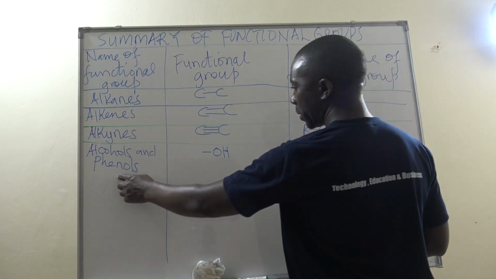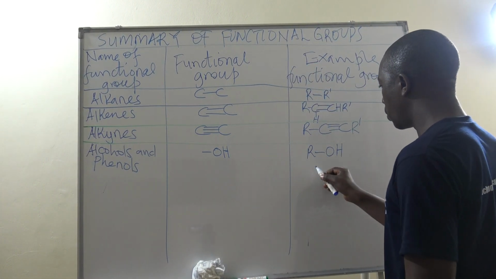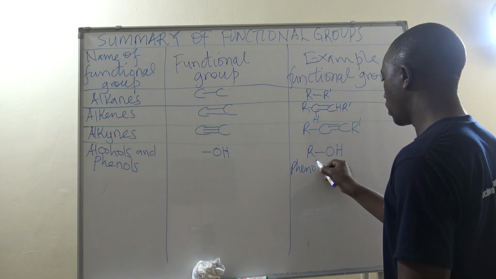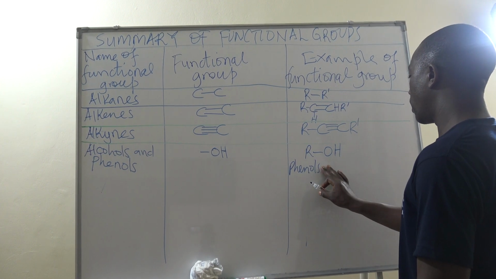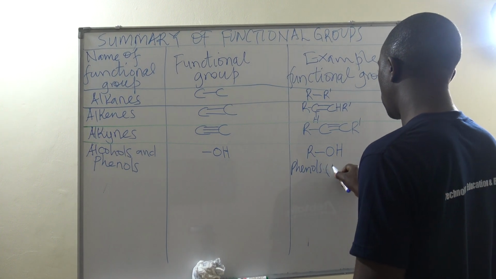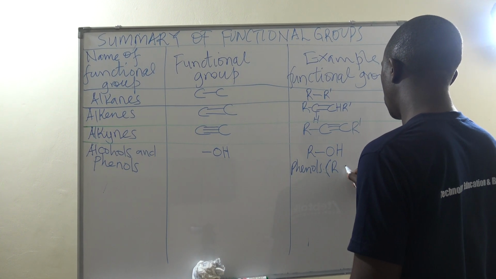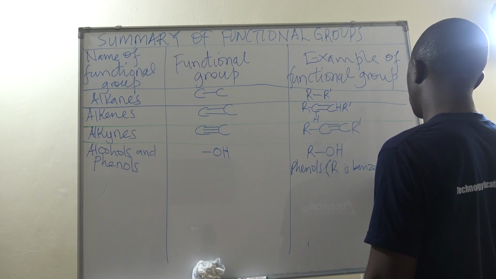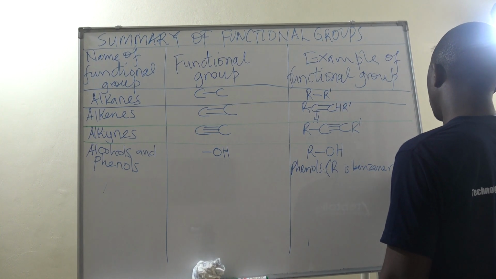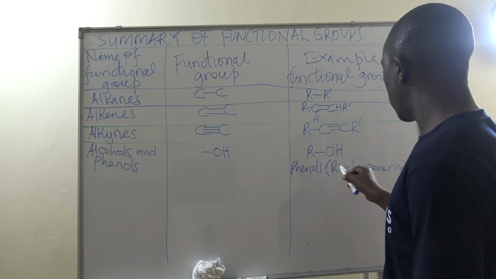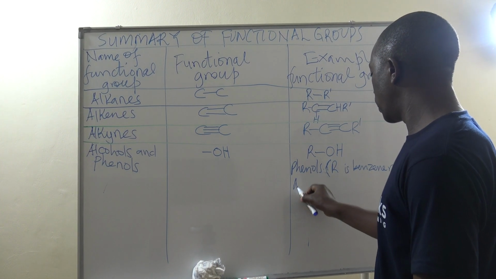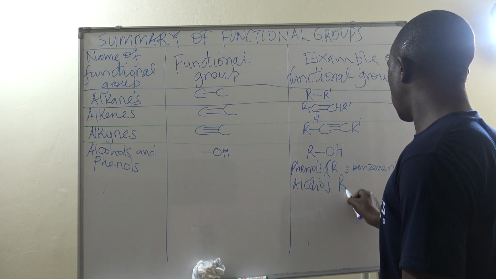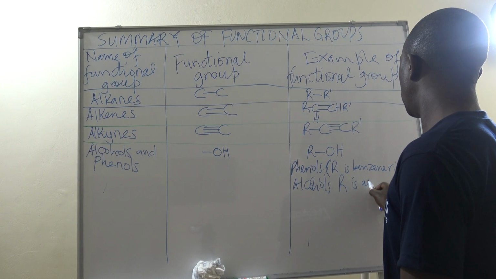For phenols, that R is a benzene ring. For alcohols, this R is an alkyl group.